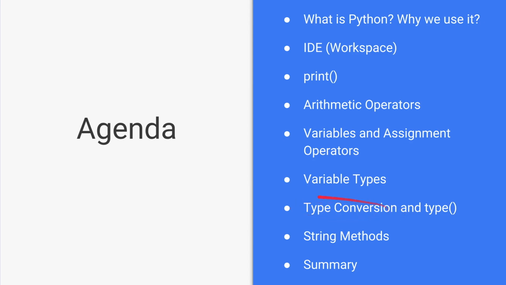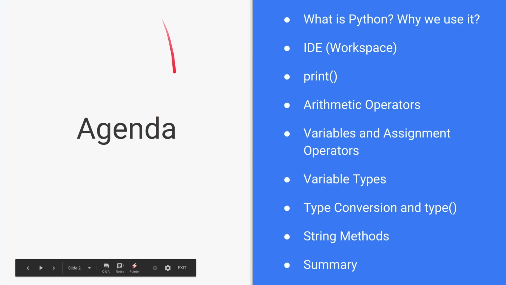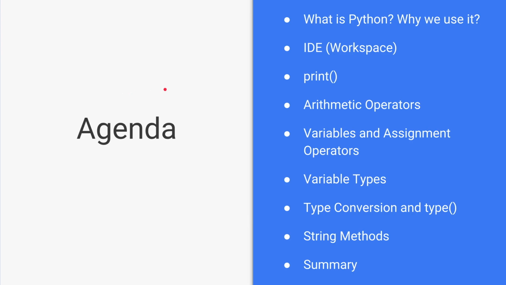Type conversion is basically changing one variable of a specific type to another type. Let's say we have a variable, and let's say this whole white screen is a variable called a. So variable a is of type white, I guess, like the color white.